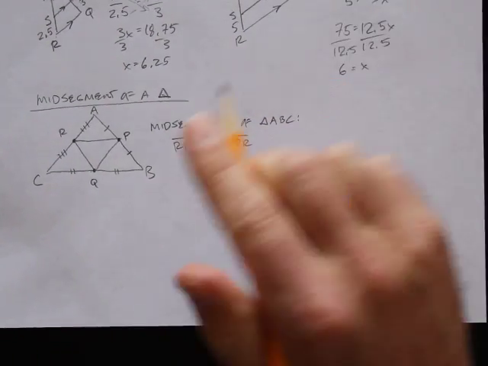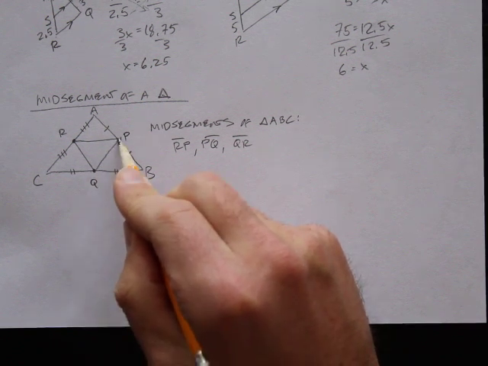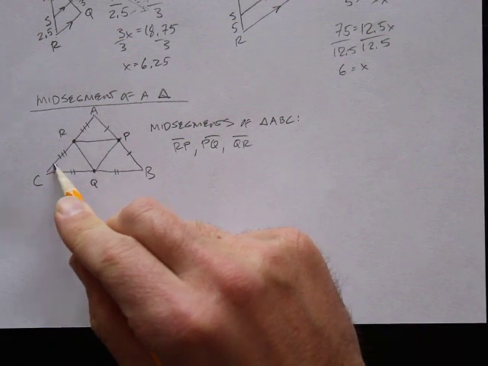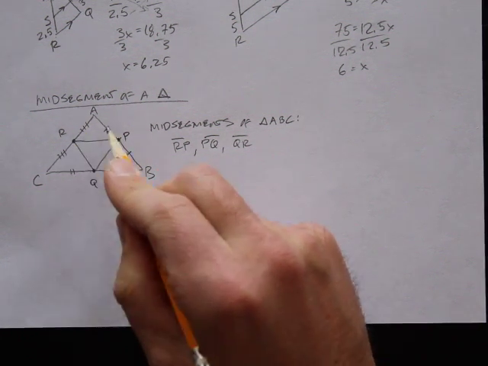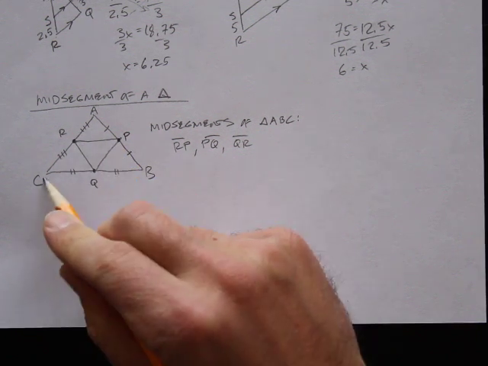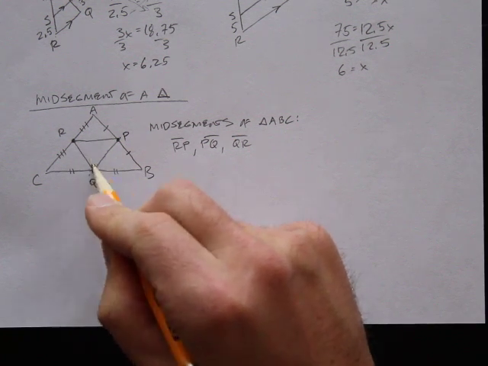Notice a mid-segment is just taking the center point of two of the segments and drawing a line segment between them. So we just found the center of AC, the center of AB, and we drew a line between those two centers. Same thing with CB, we drew a line segment between all of those points.